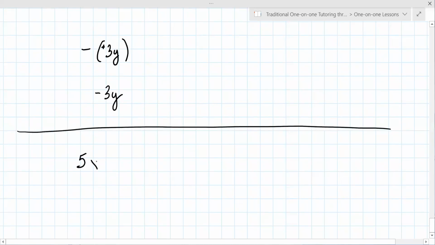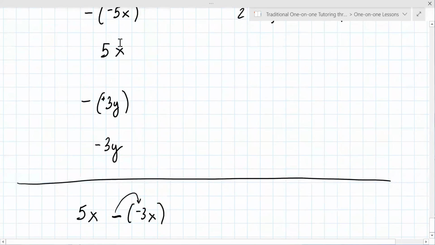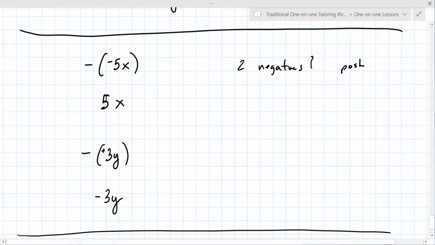What is 5x minus a minus 3x? What does this subtraction operator do? Wait, can you go back up? Sure. Two negatives make a positive, but we don't write. Where did you get 3, by the way? Which one here? It's a separate problem.